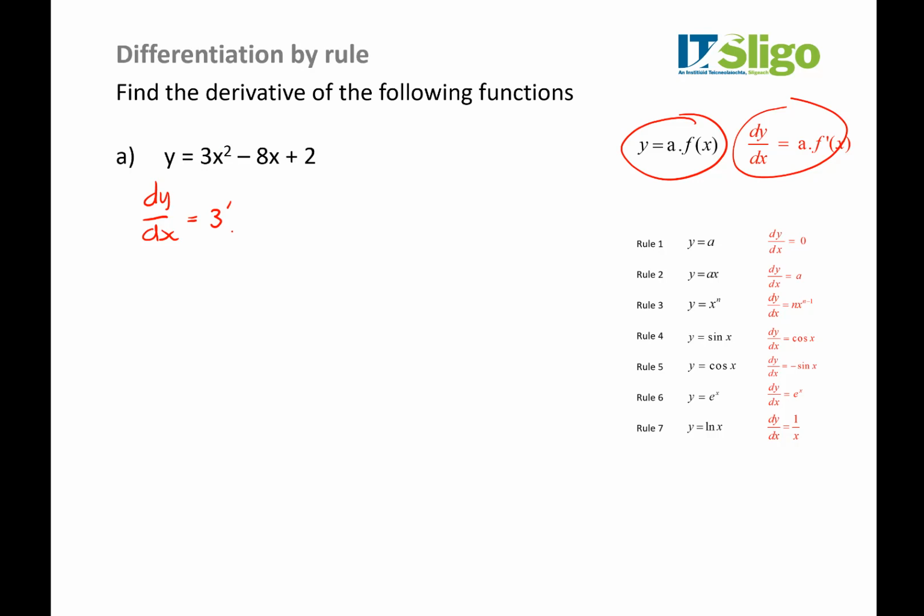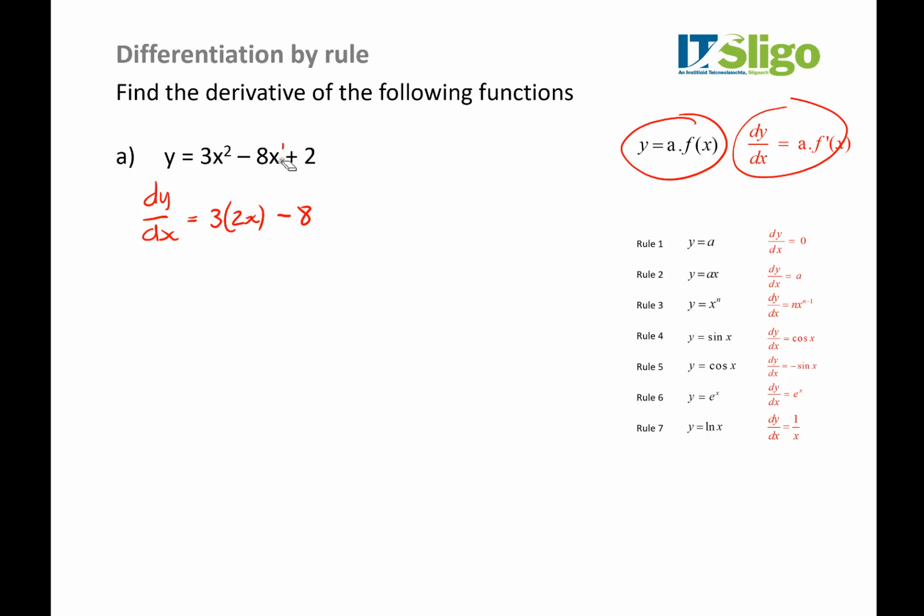So I'm just differentiating the x squared. The 3 stays. Now this is just rule 1. So when we differentiate minus 8x, it just goes to minus 8. That's rule 2.